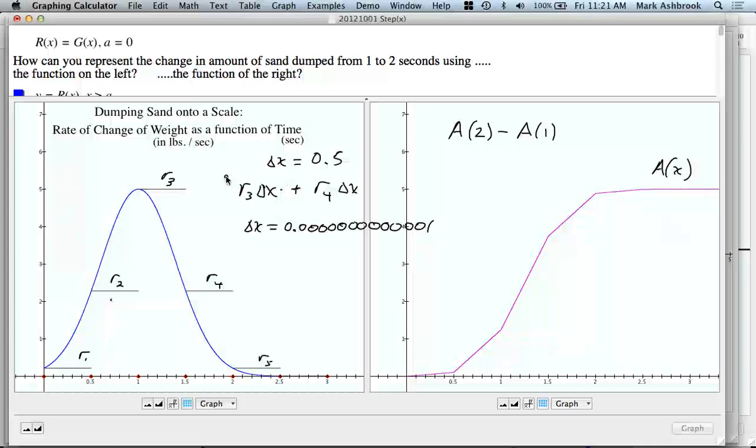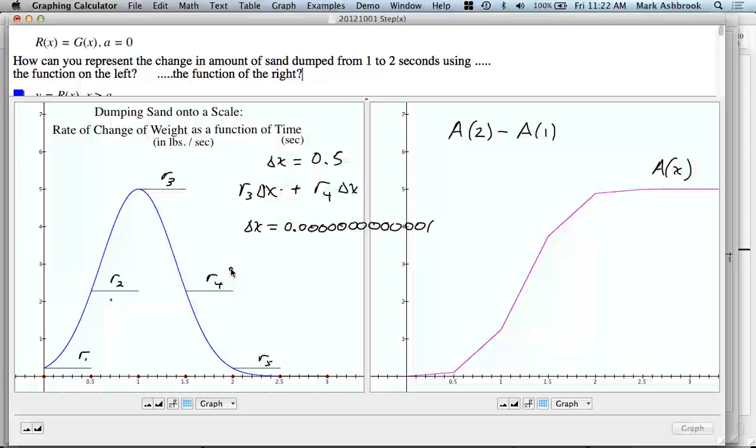For a question about the right graph, could you have done A2 minus A1.5 plus A1.5 minus A1? Mm-hmm. Yeah, but then your A1.5s just cancel out. But it works. Yeah, you're breaking that up. Right, yeah, it'll work. Okay, what about representing using delta x is 0.0001?